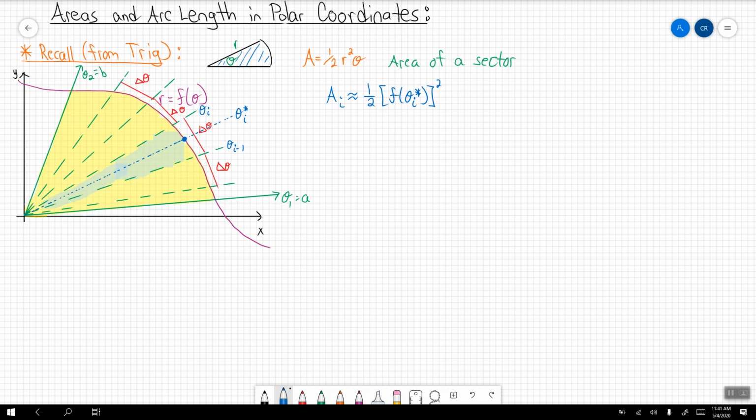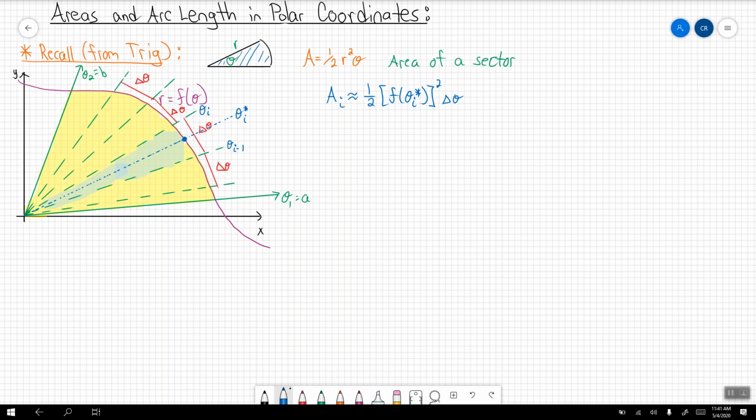That's my radius. And theta is just going to be the angle that is being traversed here, that change in theta.